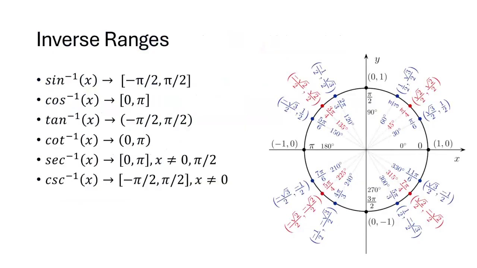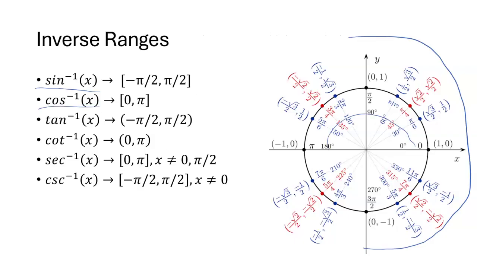Kind of just to go over it again. Inverse sine is between negative pi halves and pi halves. That is our first and fourth quadrants. Inverse cosine is our first and second. Inverse tangent is our first and fourth. So first and fourth, first and second, first and fourth, first and second.